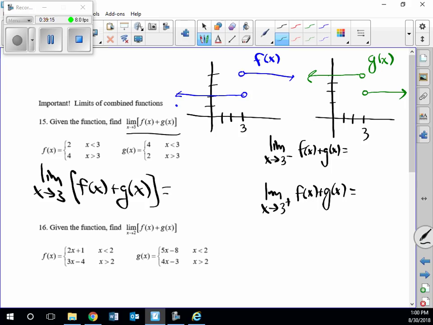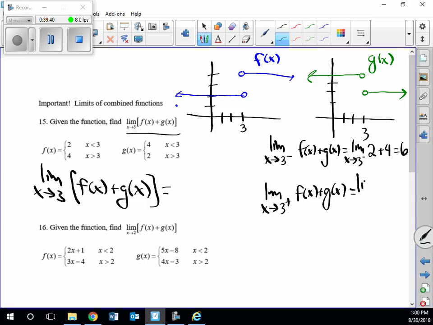I can't distribute the limit over each one of them because the individual limits don't exist. But f coming from the left of 3 looks like 2. So this is going to be the limit as x goes to 3 from the left of 2, and g, coming from the left, looks like 4. So the limit coming from the left of f plus g is 6.